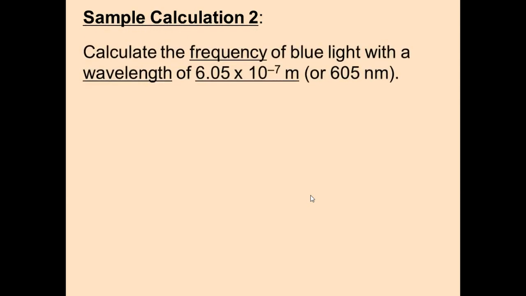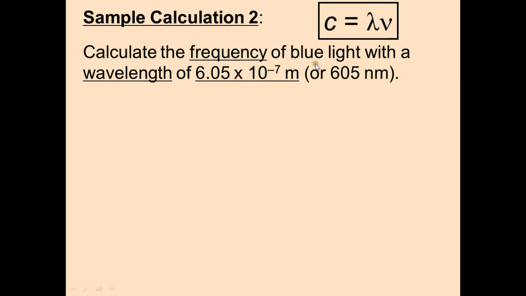And example 2, calculate the frequency of blue light with a wavelength of 6.05 times 10 to the negative 7th meters. It's this formula again because we need frequency and we have wavelength, and this formula has both of these variables.